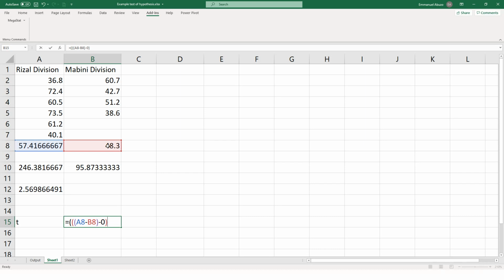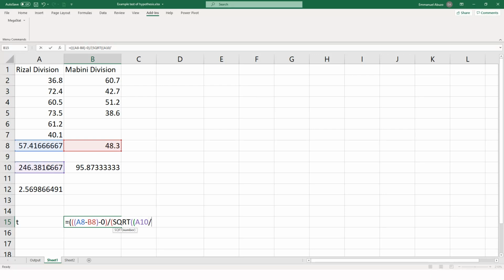you have the square root. Let's have this one. So you have the square root of the variance, open parentheses, the variance divided by the number of elements in the Rizal division.